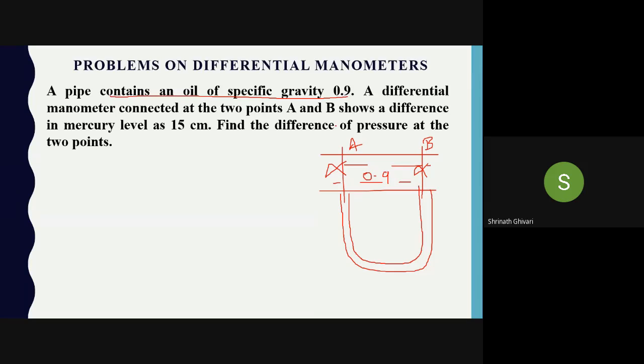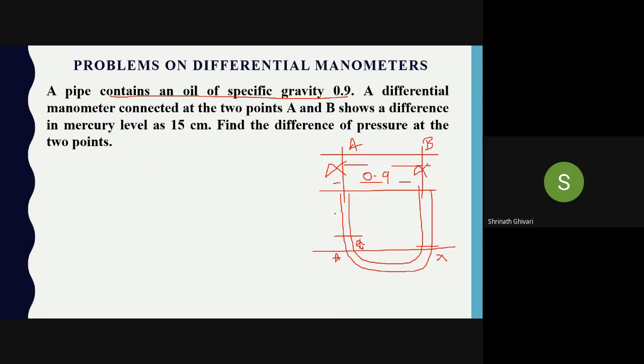Now it shows the difference of mercury level as 15 centimeter, and this is the level XX. So there is a pipe in which oil of specific gravity 0.9 is flowing.